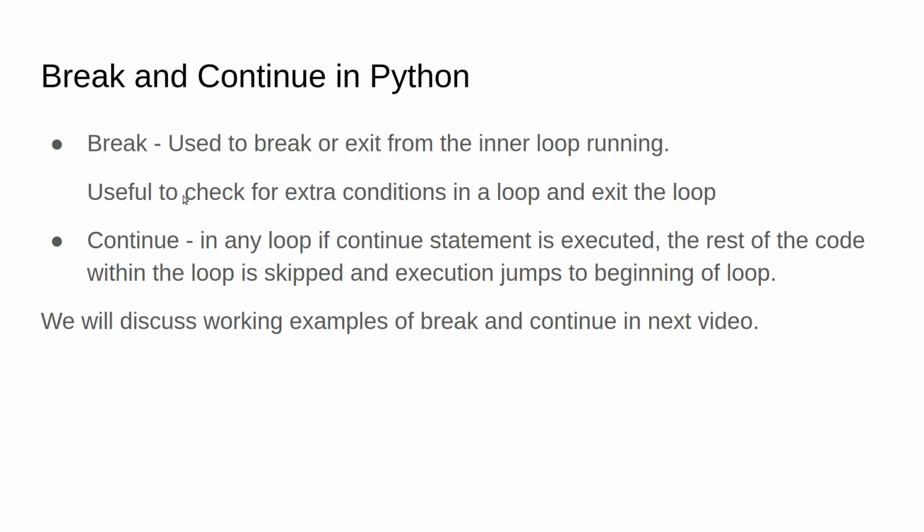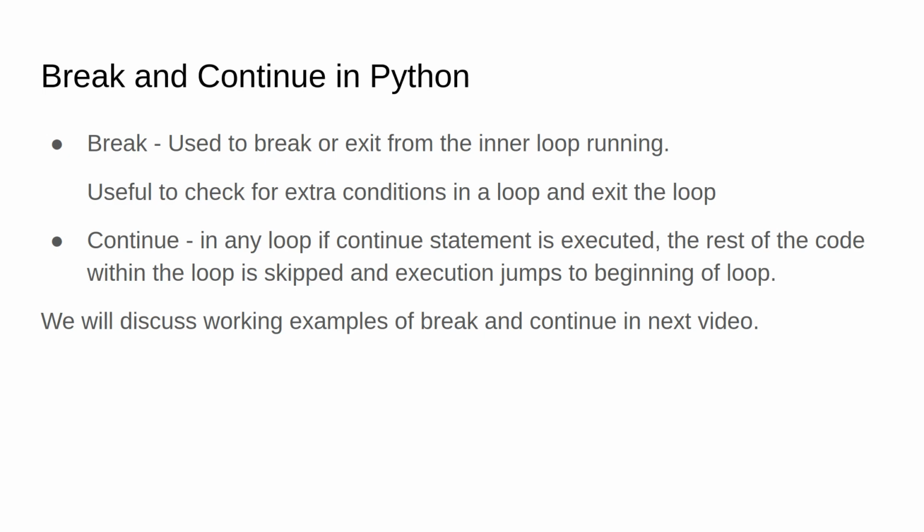There are many use cases during a loop in which we have to break the loop condition. That is, during the execution of the loop, let us say we have to come out of the loop in between. In that case we use the break statement.